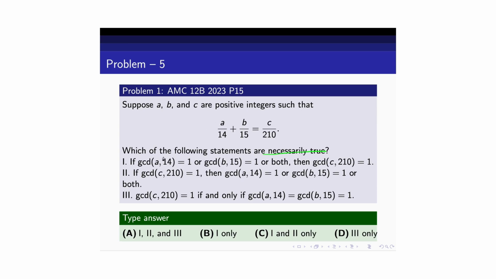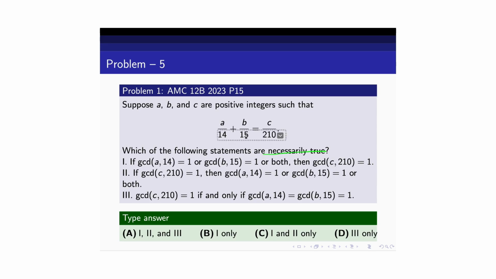So let's say if GCD of a is equal to 1, so this is irreducible, and b is also irreducible, or both of them are irreducible, then we know that GCD of c and 210 is equal to 1. Well, I don't think this is necessarily true.